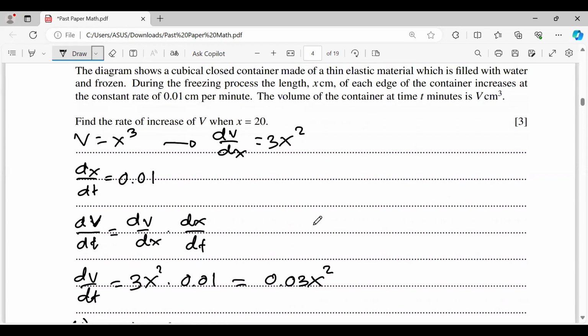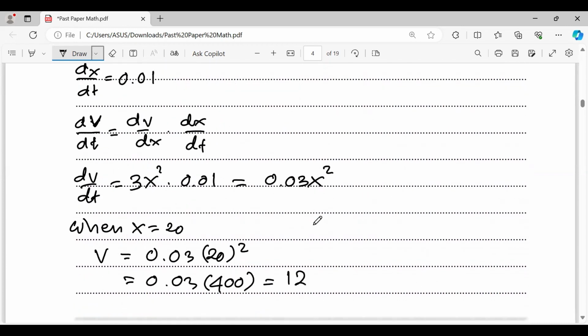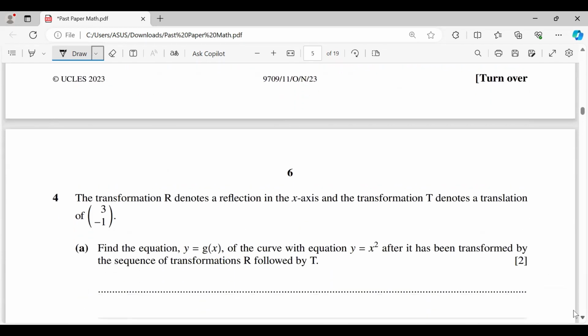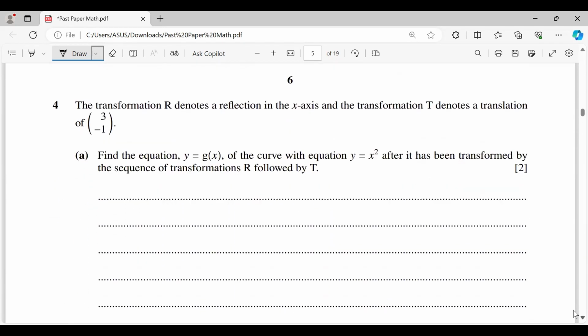The unit, centimeters cubed. Okay. Let's continue to the next question.